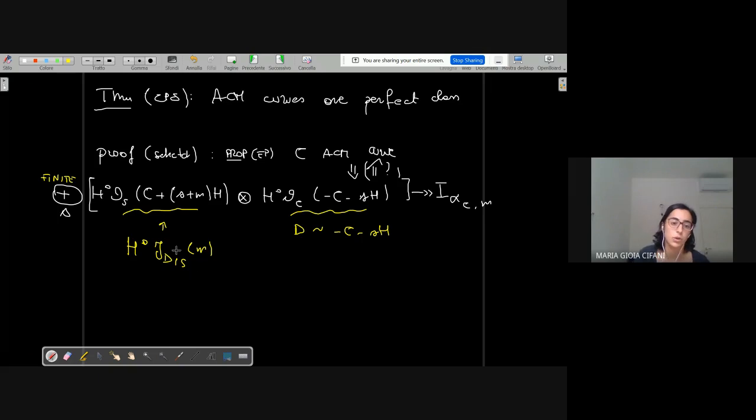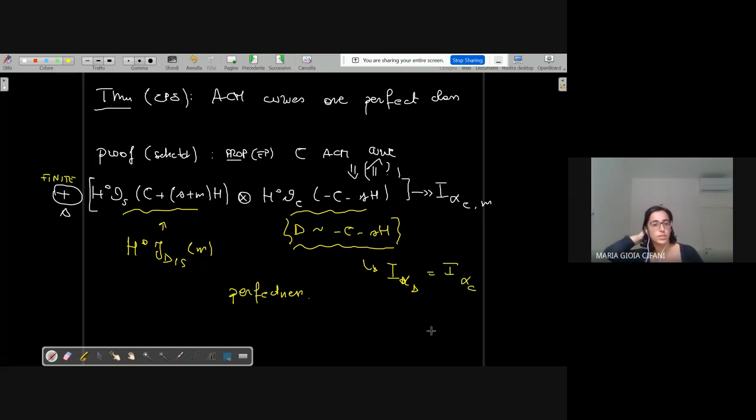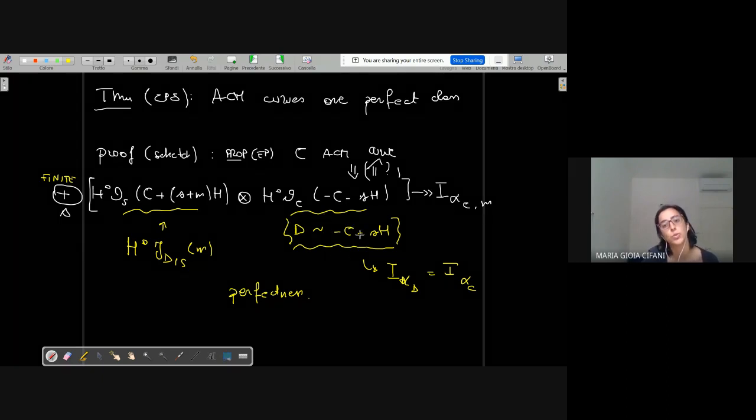This is exactly what we want. So the perfectness. And I stress also that something of this type, alpha D, defines exactly the same ideal of C. So the curves of this type are exactly what we're looking for.